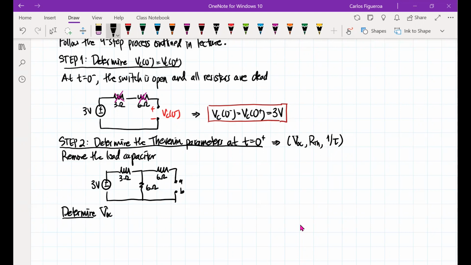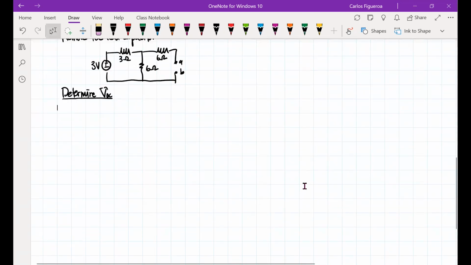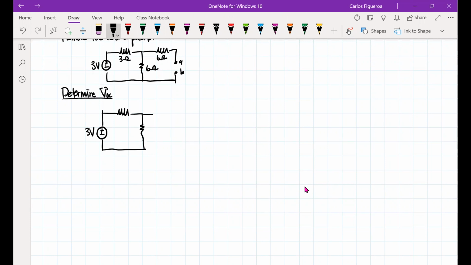If I look at VOC, my circuit tells me this. I see here that I have a 3-volt source and this guy here gives me plus minus VOC.